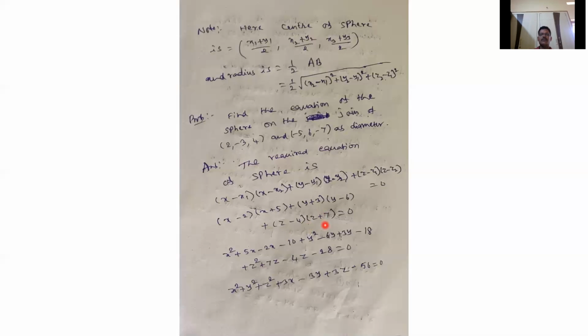So x into x, x square, x into 5, 5x, minus 2x, minus 2 into 5, minus 10, and y into y, y square, minus 6y, plus 3y, 3 into minus 6, minus 18, and z into z, z square, plus 7z, minus 4z, minus 28 equal to 0.